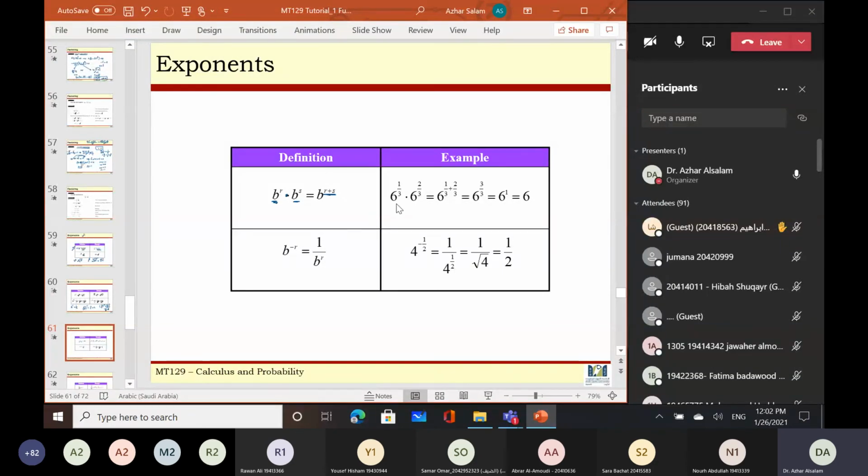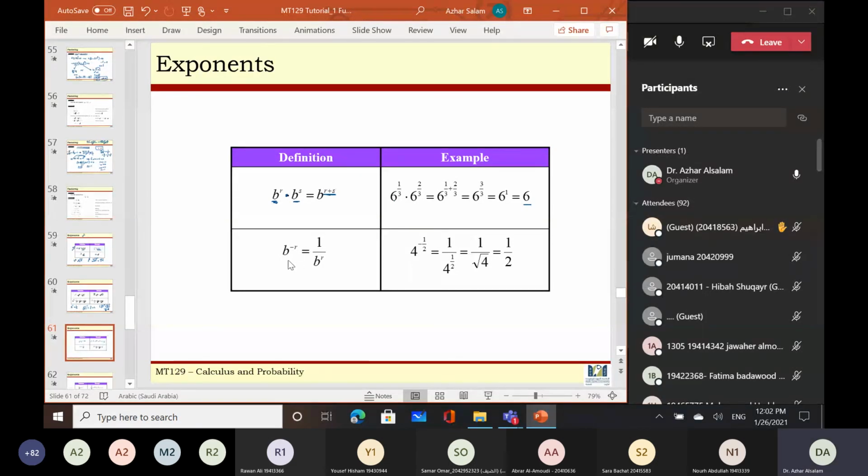For example here, 6 multiplied by 6, so I only have to add these exponents together. A third plus 2 over 3, the denominators are the same, so I add them, 3 over 3 gives me 1, and it equals 6.